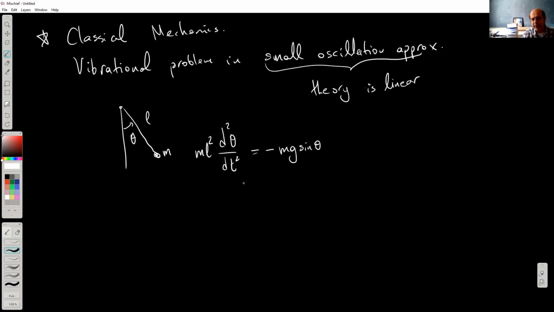This is nonlinear. What we do is make the approximation that sine theta is proportional to theta, and so we write down the equation of motion like that. So this is the linear approximation.